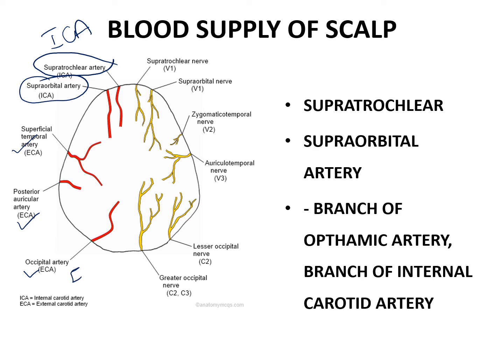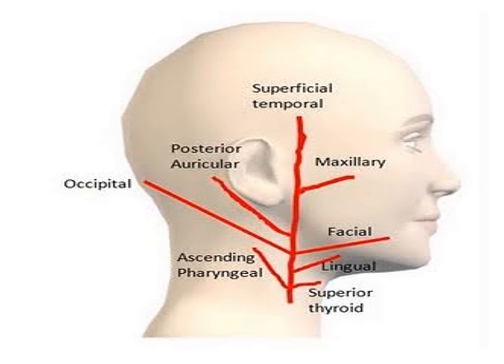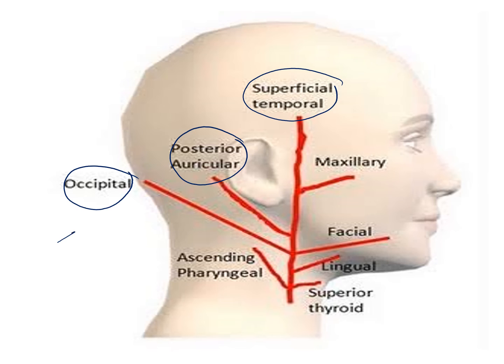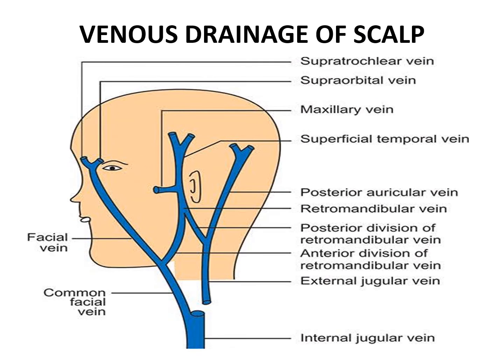All these are branches of the external carotid artery. Whereas the supratrochlear and supraorbital are branches of the internal carotid artery.